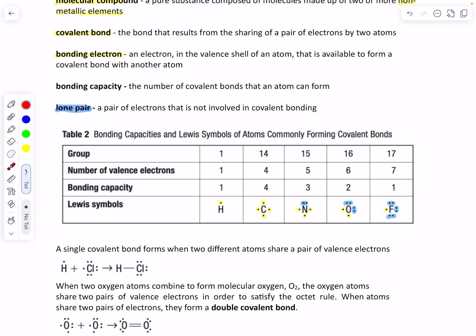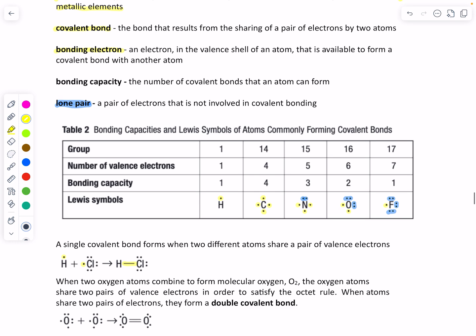A single covalent bond forms when 2 different atoms share a pair of valence electrons. If we take a look at the example between hydrogen and chlorine, each with 1 bonding electron, they can form 1 covalent bond.